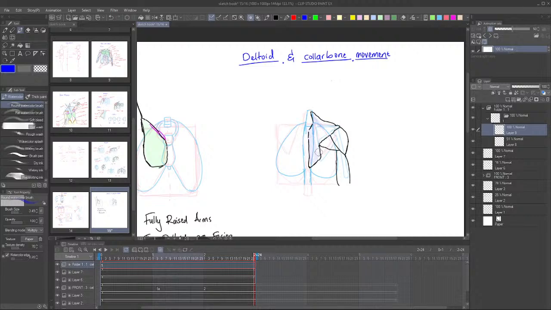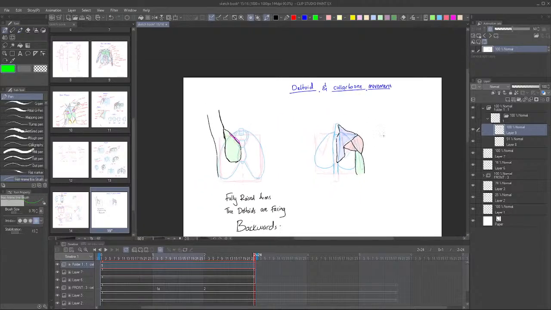So this is one trapezius muscle. And these are the deltoids. So we're not focusing more on the other lower part. So this is at rest.